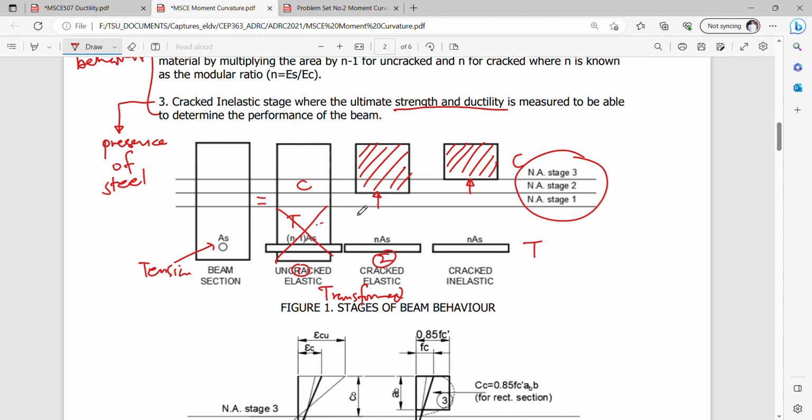While at this point, the steel already behaves, but still in the elastic range. Okay, the elastic range. So elastic means your steel has not yielded here.